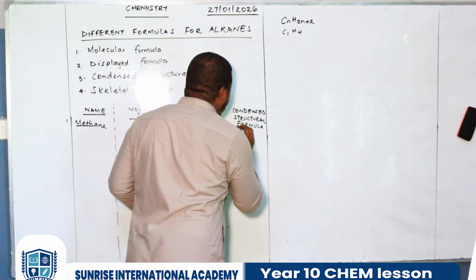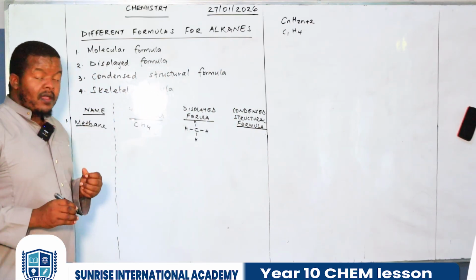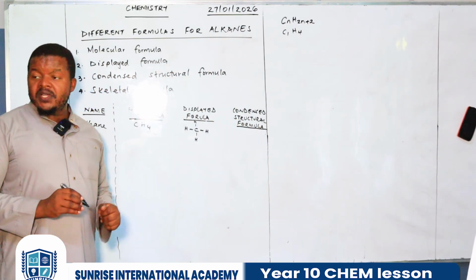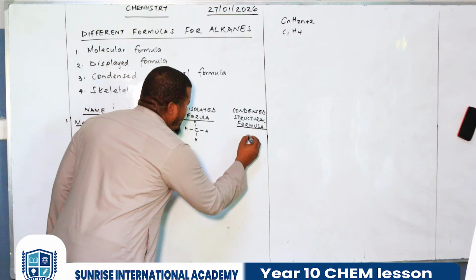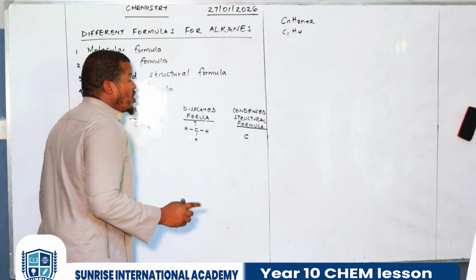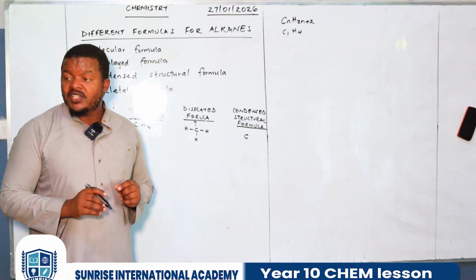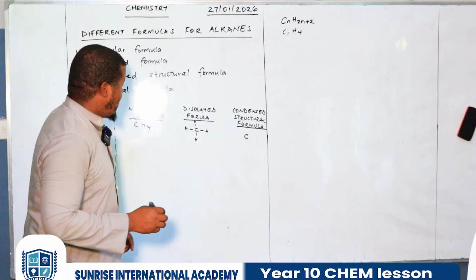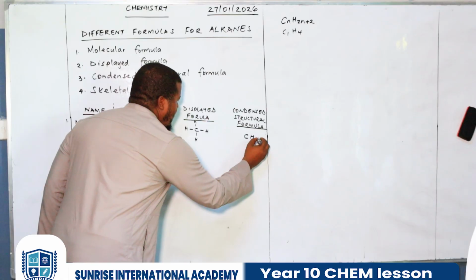Now, what is the condensed structural formula? Condensed structural formula is obtained from the displayed formula. Here is how we do it. You look at the carbon atom here. How many carbon atoms do you have? You look at the one carbon atom. Look at the number of hydrogen atoms surrounding the carbon: 1, 2, 3, 4. So H4.